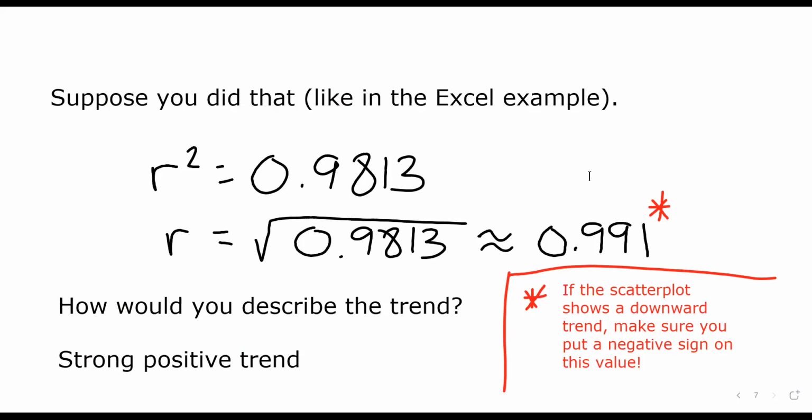Now, as far as discerning between strong and weak, when I ask you to make that determination, I will make it fairly clear. This one, really strong. 0.2, weak. 0.55, no, I wouldn't ask you to describe something as strong or weak unless it were really on the extremities or really close to the middle. Otherwise, if you're in that gray zone, it's not clear when you stop saying weak and when you start saying strong.